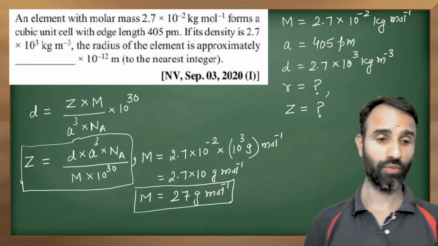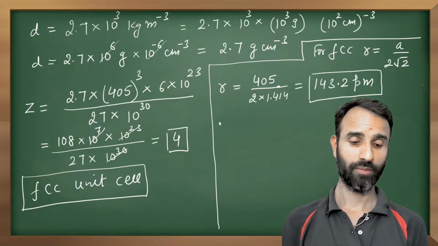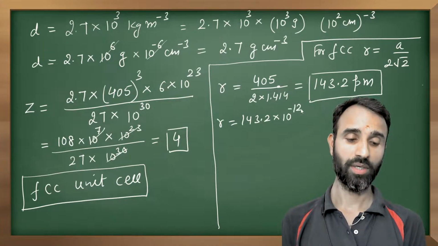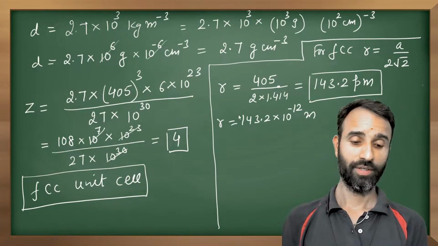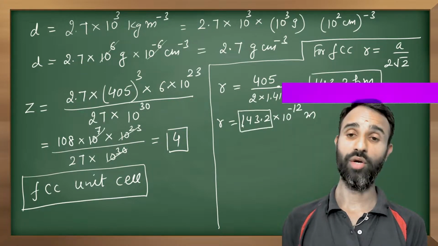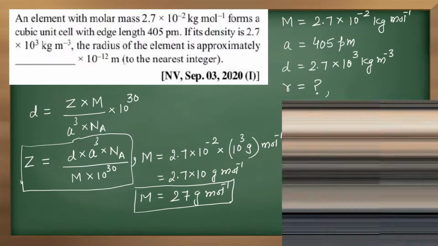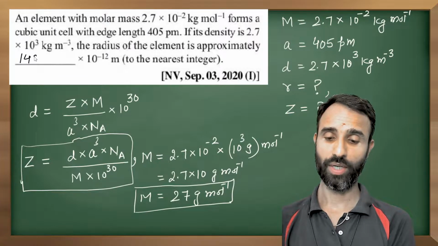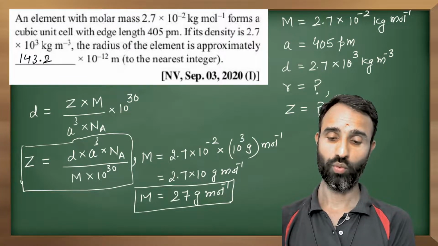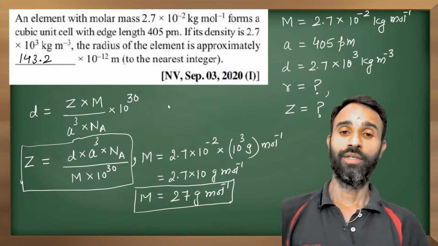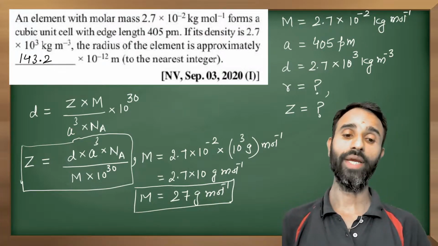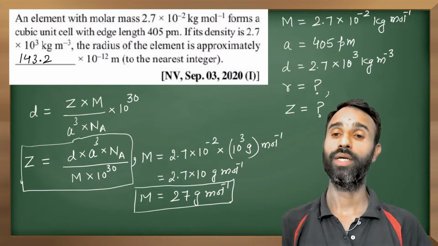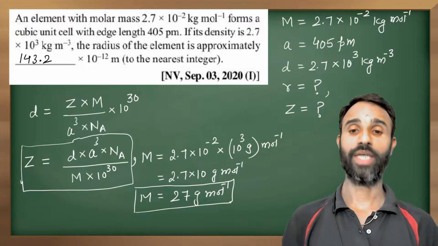That means 143 picometer, or 143.2 into 10 raised to minus 12 meter. Nearest integer means it is 143. Yes, beta.